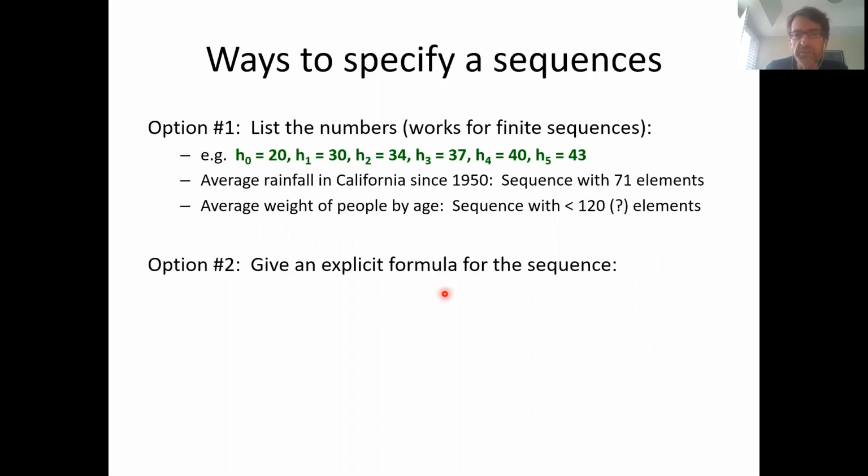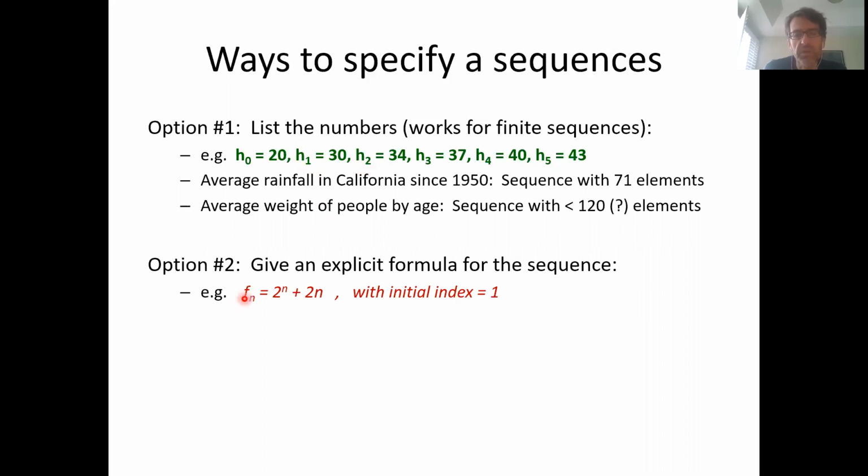Or you can give an explicit formula. So for example, you can define a sequence, and by the way, this name H for the sequence is arbitrary. You can use any variable as long as you index it with some indices, and these indices have to be consecutive integers.